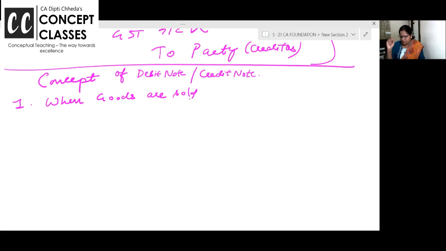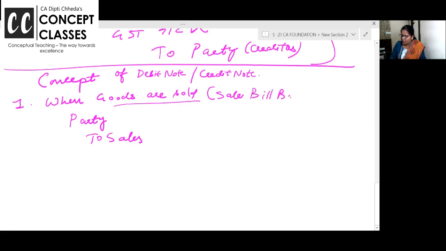When goods are sold, what is the entry? Party to sales. And what is the document? Sales bill book. Write down. The way I am writing, you will also write down. This is a beautiful concept.